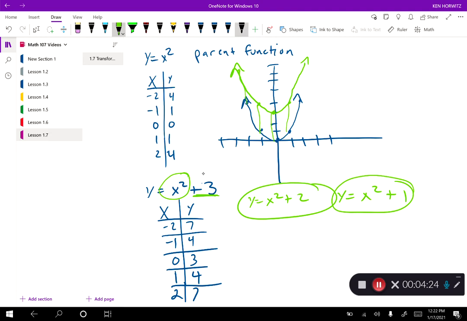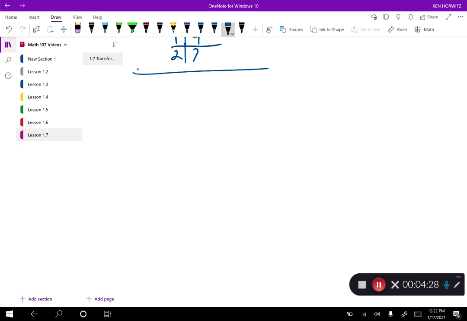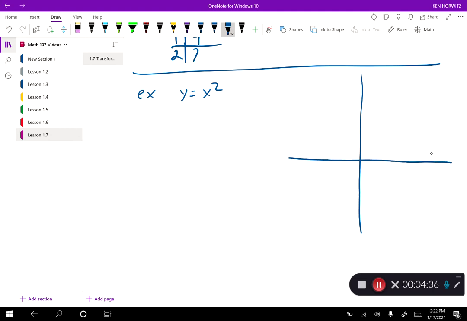All right. So let's use the same parent function. Y equals x squared. And I'm just going to create the graph now. We already did the table of values. All right. So I don't really need to do that again.